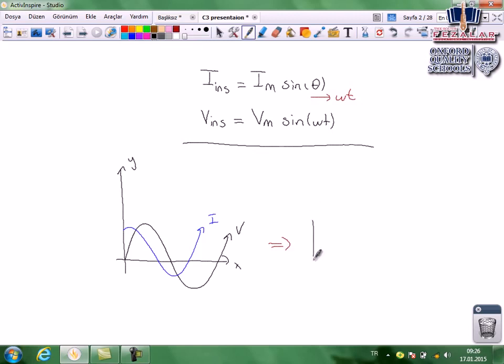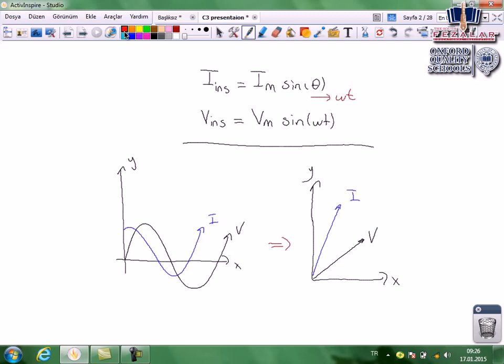For example, this is our x and y axis. The black curve is voltage, and let's draw a black vector for voltage, and the blue one is current. In this diagram, we can see the phase difference between the two vectors and the phase angle of the vectors.